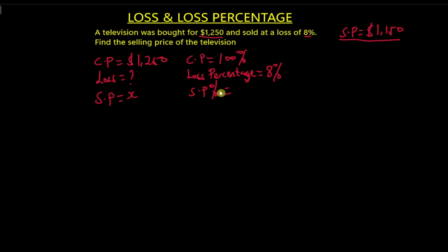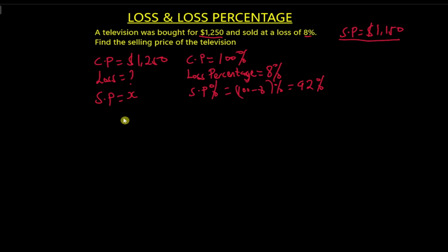Now the difference between loss and profit is that for loss it is subtraction and for profit it is addition. So to get the selling price percentage, you will subtract the loss percentage from the cost price percent. So 100 minus 8 gives you 92%.